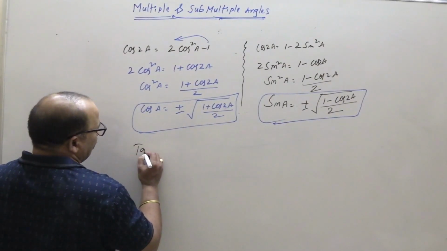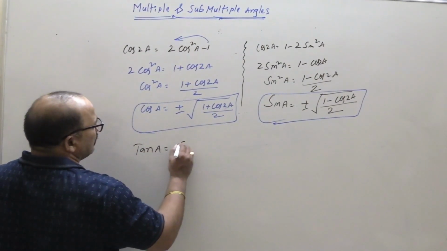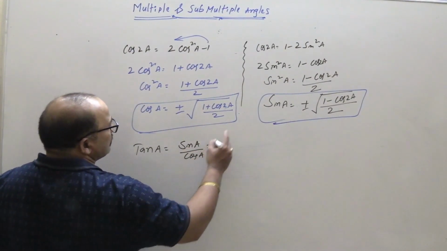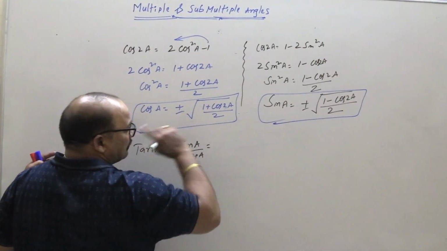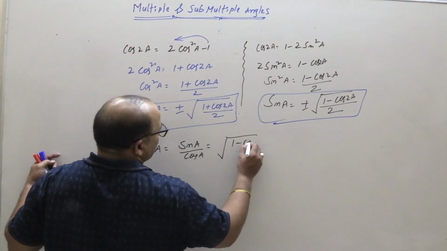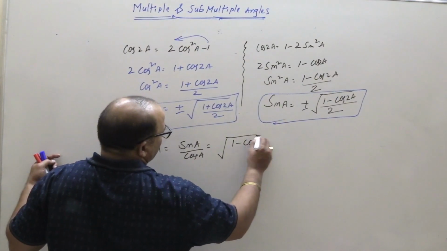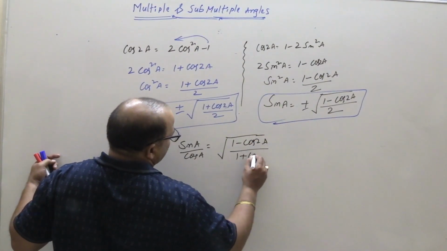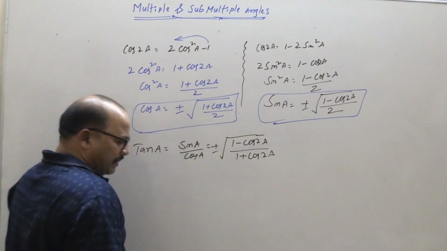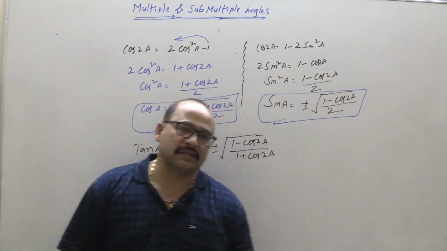Tan a can be written as sin a by cos a. Now the 2s get cancelled. This total can be written as plus or minus root of 1 minus cos 2a by 1 plus cos 2a.